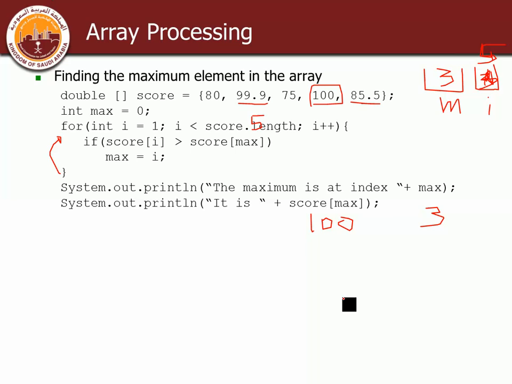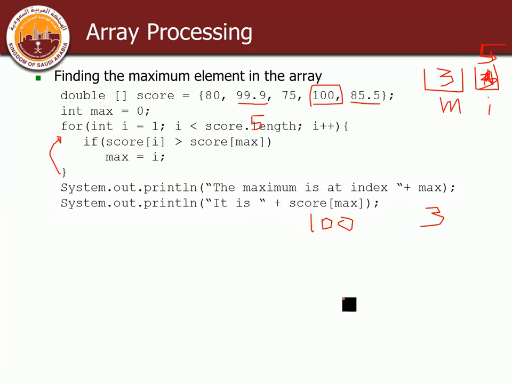If we wrote for int I equals 1, I less than score length, then I plus plus. If you would like to start from right to left, then you should not start with 1.